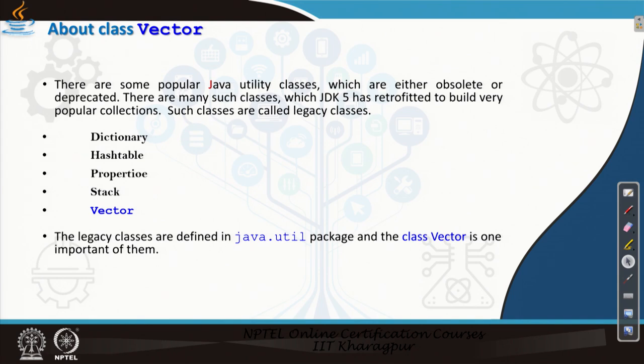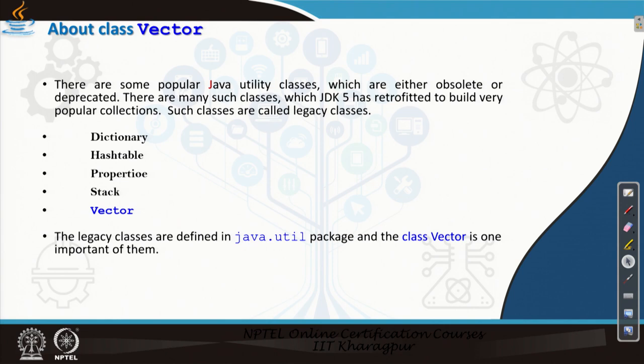Now, you know Java programming is almost 25 years old, but from the very beginning programmers were comfortable with one class. This class is called Vector, and in addition to Vector there are a few more classes like Dictionary, Hashtable, Properties, Stack and so on.